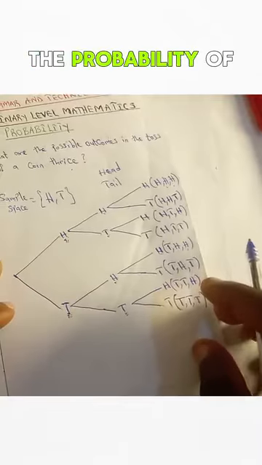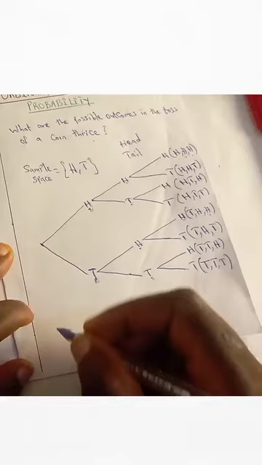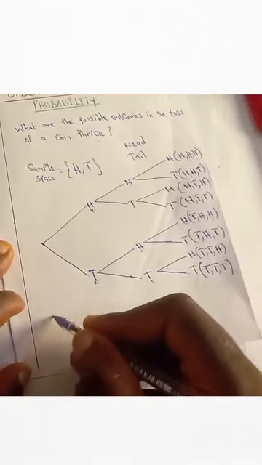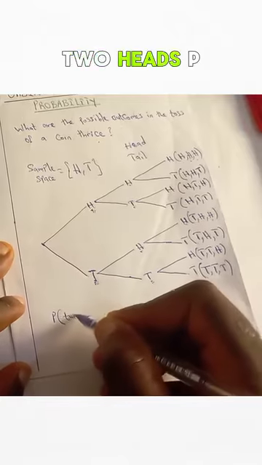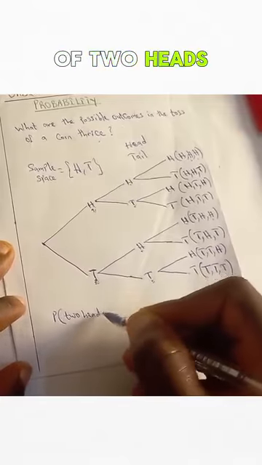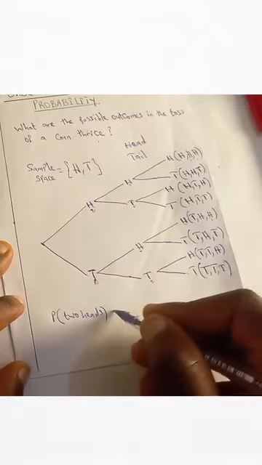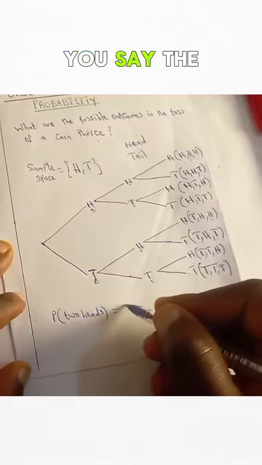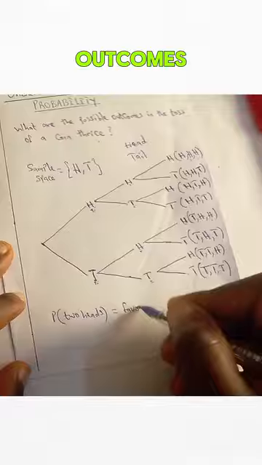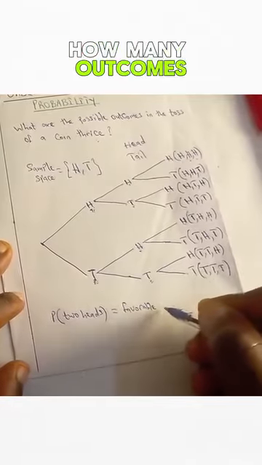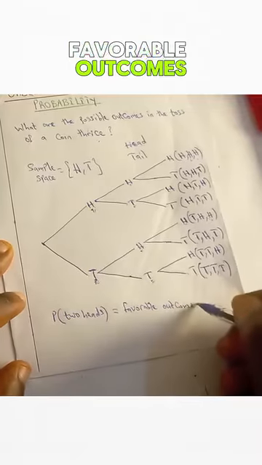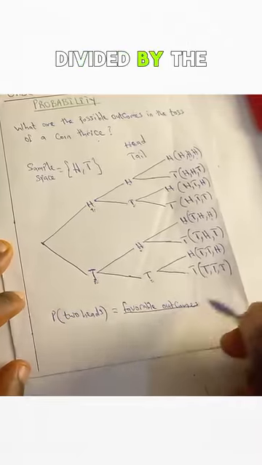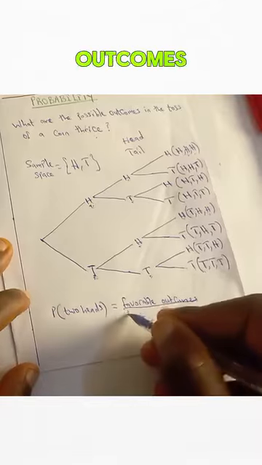So to find the probability of having 2 heads, this is how you write it: P, in brackets, 2 heads, P of 2 heads. Now the formula is equal to the favorable outcomes, how many outcomes favor 2 heads, divided by the total number of outcomes.